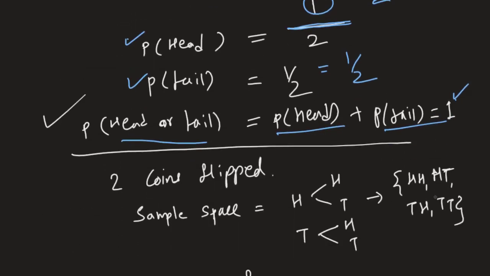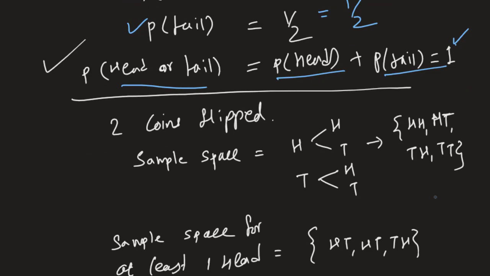Now let us take a look at a more complex example where we are going to flip two coins. When you flip the two coins, here is the total sample space. Say the first coin gets head, then there are two possibilities for the other coin, head or tail.